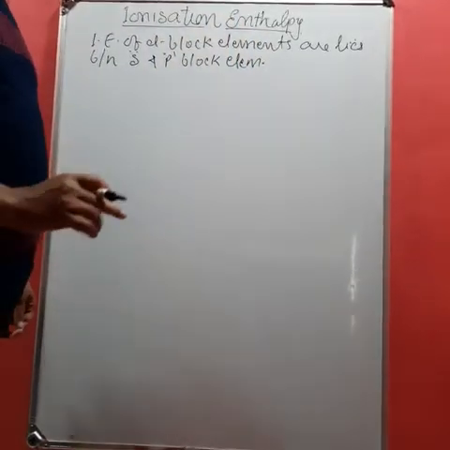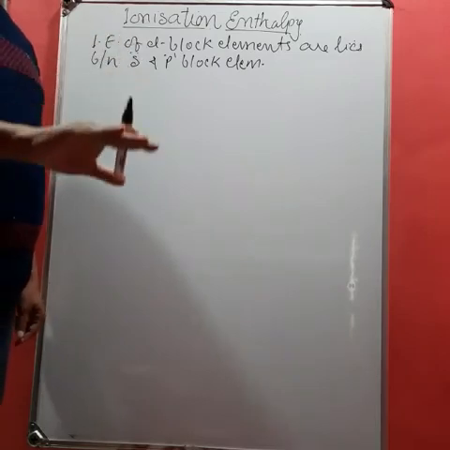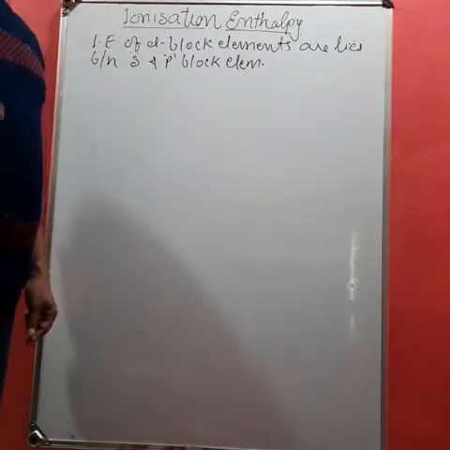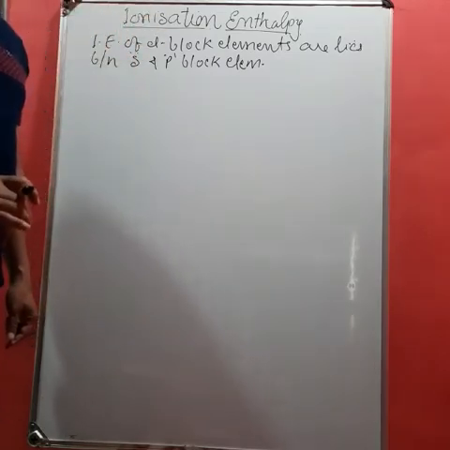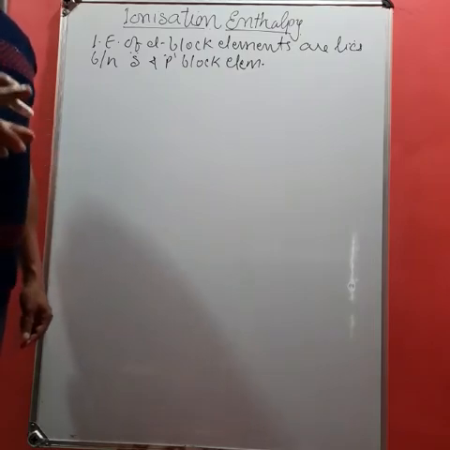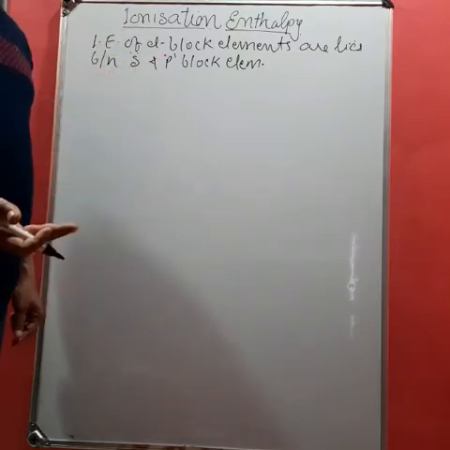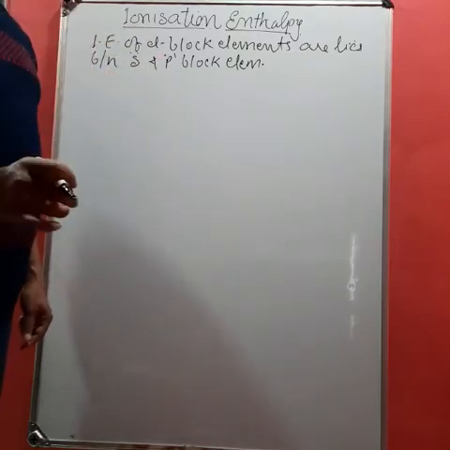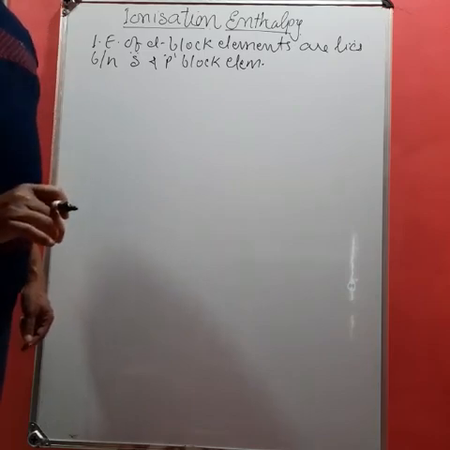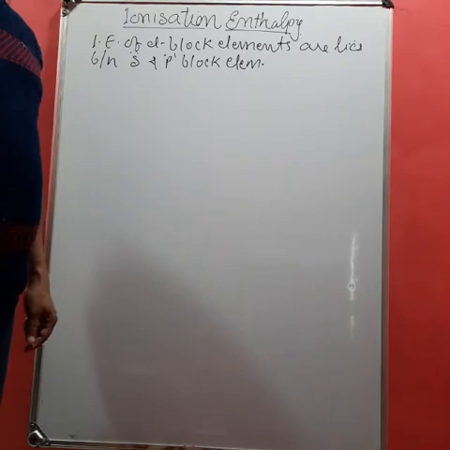Okay, why? Student, as we know, on moving from left to right, the number of protons increases gradually by 1. Therefore, nuclear attraction force gradually increases, atomic size decreases, and therefore the ionization enthalpy regularly increases.